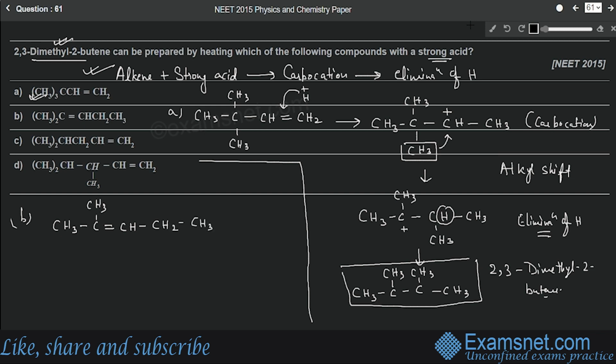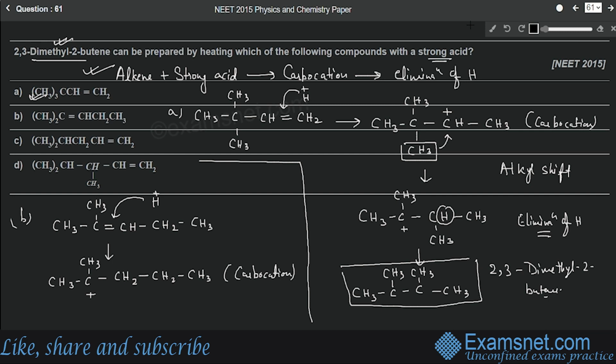This is the alkene that is mentioned in the second option. Like in the previous case, here also a proton attack will take place at the double bond to form the carbocation. So let's see what carbocation is formed. CH3, C, CH3, here a positive charge will develop, here single bond CH2, and then CH2, CH3. This is the carbocation formed.